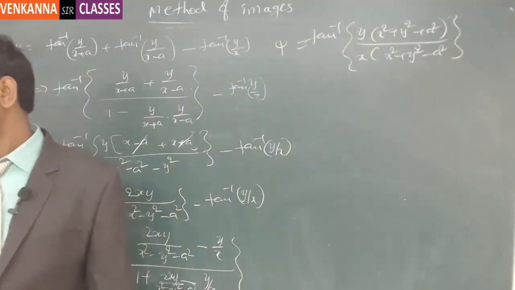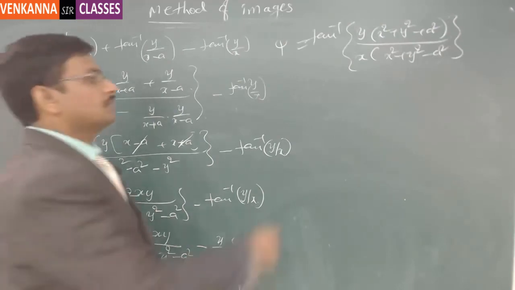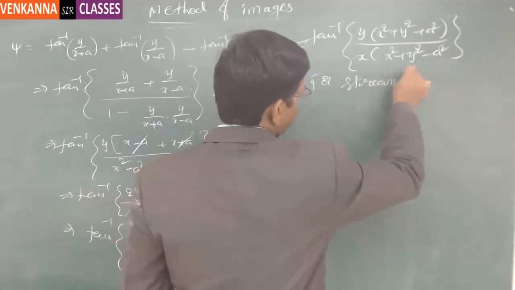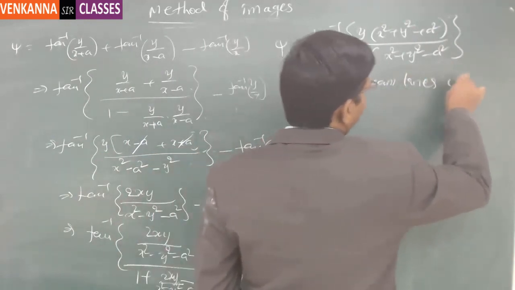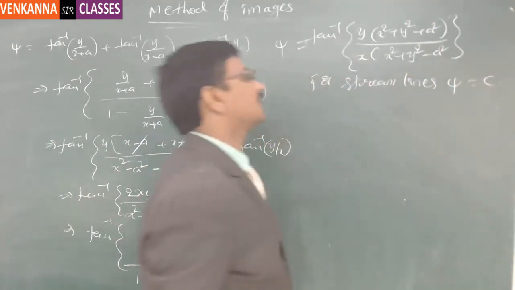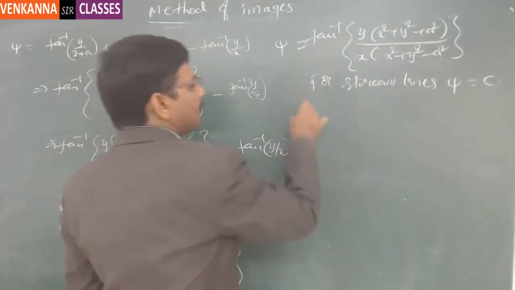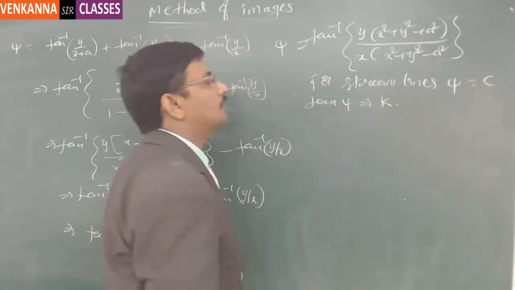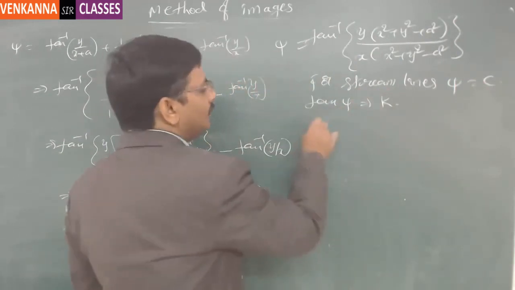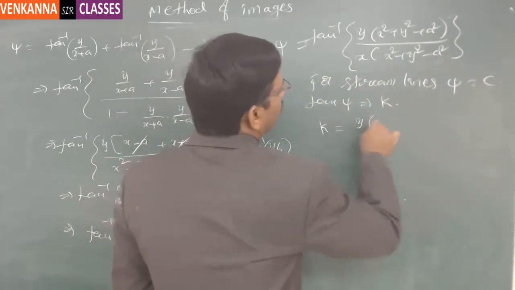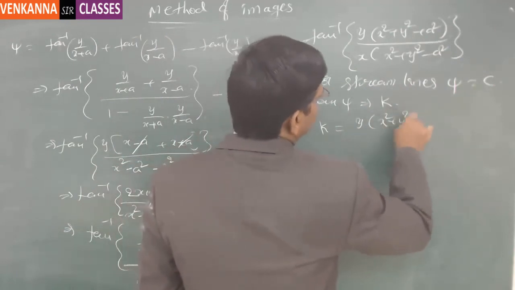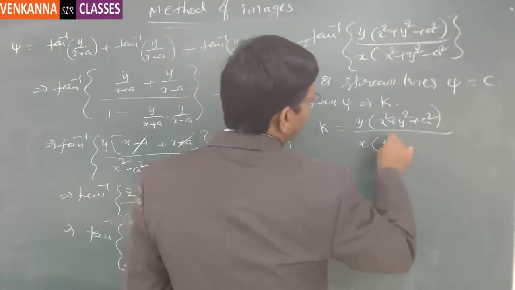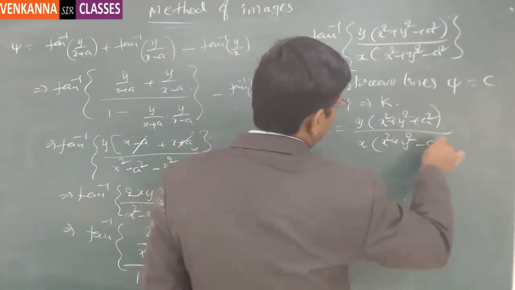Got it? Now here, for streamlines, psi is equal to constant. So if psi is equal to constant, then tan psi is again a constant k. So k is equal to y into (x square plus y square plus a square) divided by x into (x square plus y square minus a square).